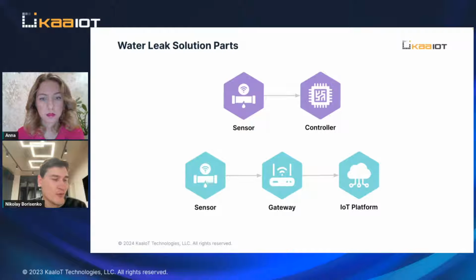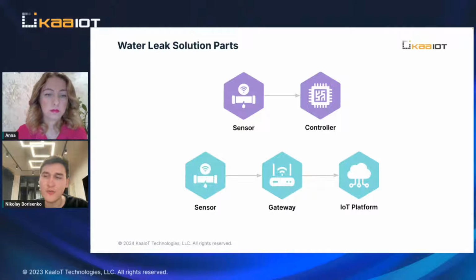Another thing you should always know is the range between the wireless sensor and the gateway. Here, for example, the sensor is Zigbee. We will describe the difference between wireless protocols, but it will work only on, I don't know, 20, 30 meters at max.